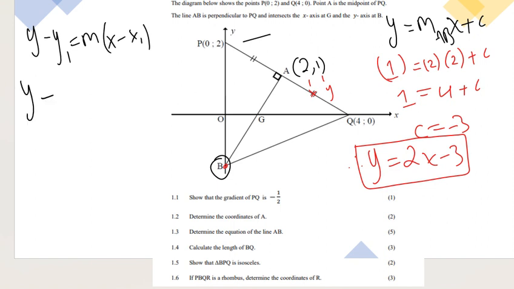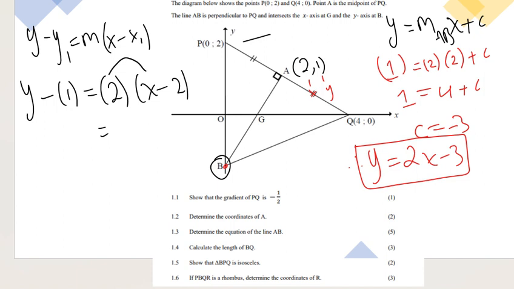So y minus y1, this one here, is 1, equal to m, which is this 2 we have already found, the gradient. Then x minus x1, when y is 1, then x is 2. So here I would have my 2.